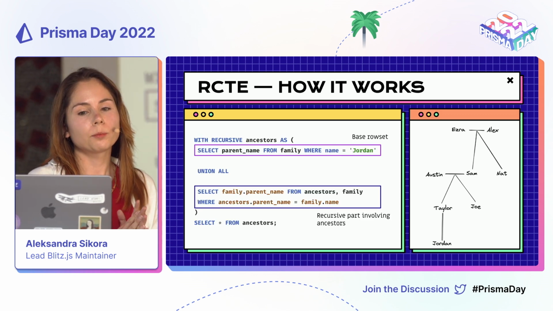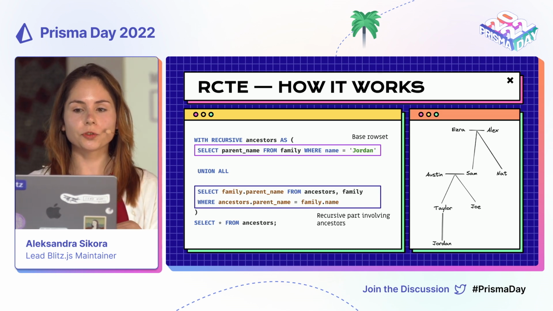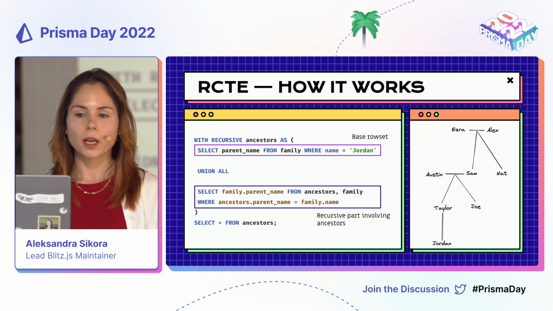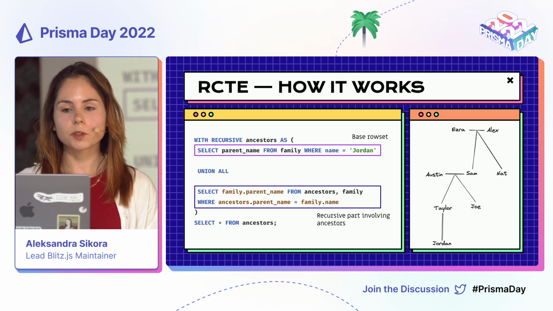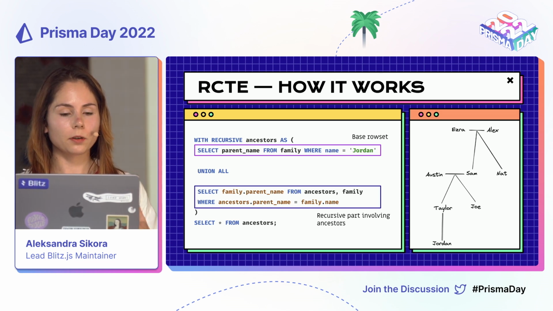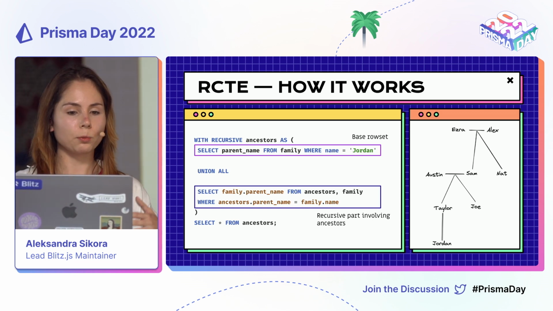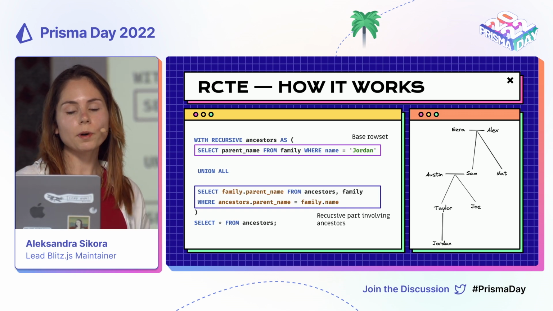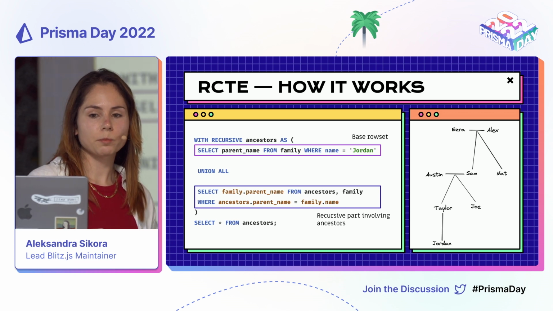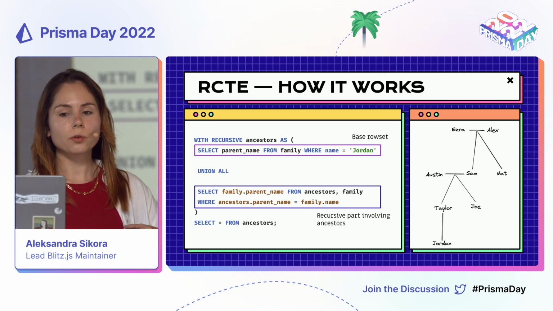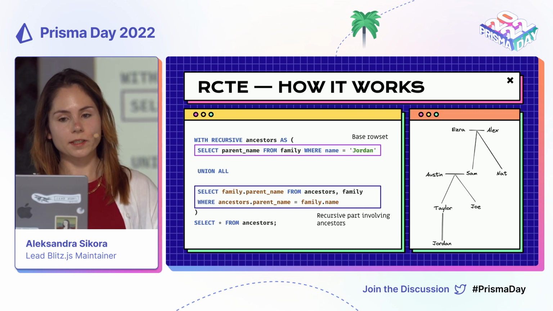Now I'm gonna briefly explain how it works. So there's this tree. Let's say that this is a family tree, and we are looking for all the ancestors of Jordan. So we have this base row set where we are finding a parent of Jordan, and then in the recursive part we are using union all, and we have the recursive common table expression ancestors, and it is trying to find a parent of whatever we have already in ancestors.